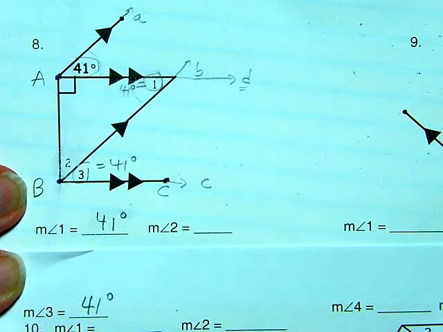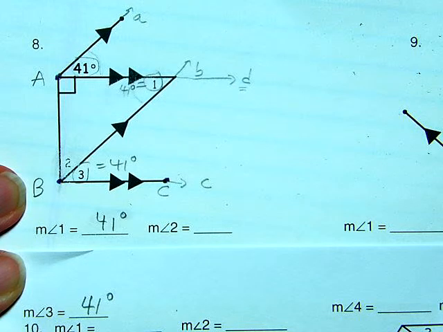Well, angle 2 is a little bit elusive. It's a little bit hard to find an angle that has a simple transversal relationship to angle 2.